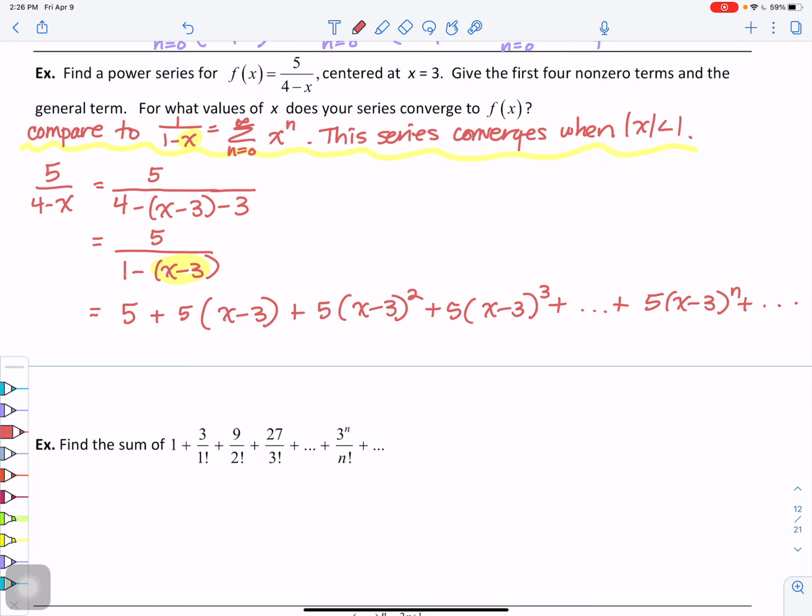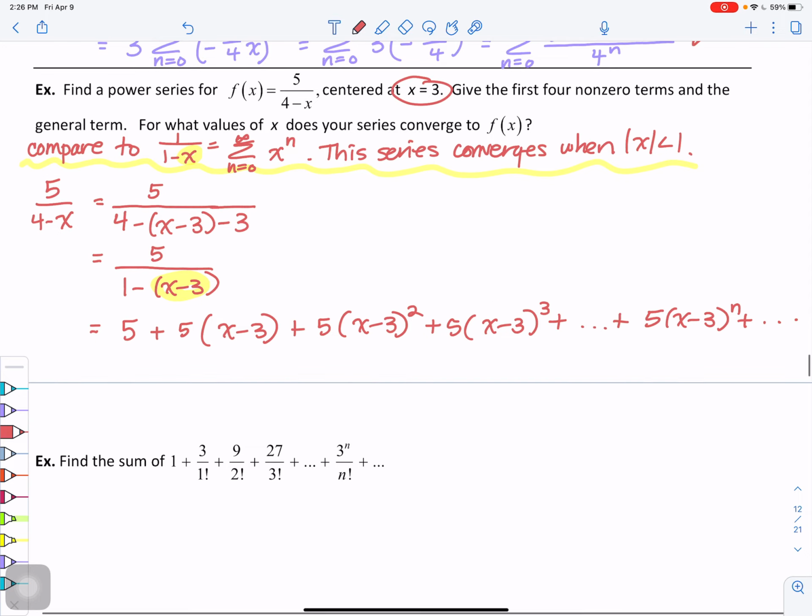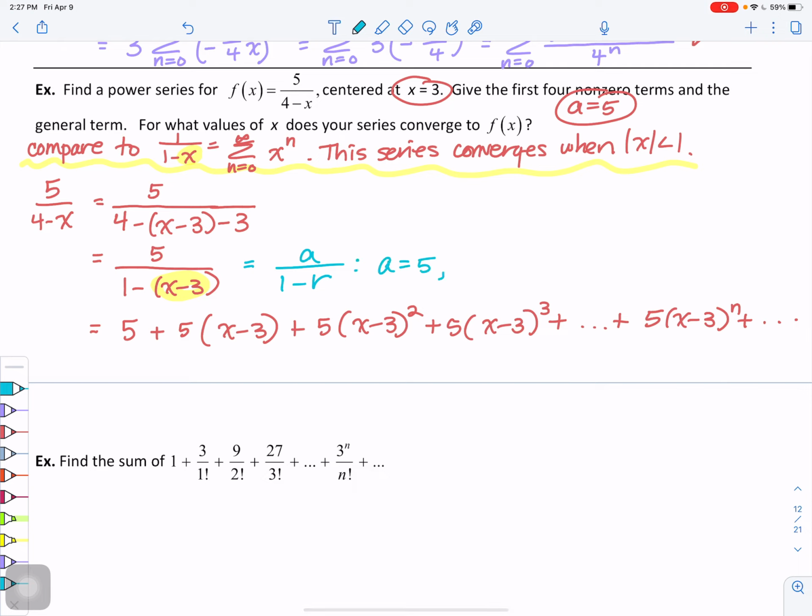So that is a power series centered at x equal to 3, and our first term was a, so a was 5, okay? So you could say this right here is equal to a over 1 minus r. A is equal to 5, and r is equal to x minus 3.